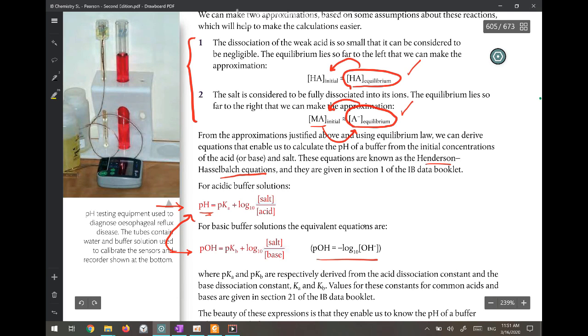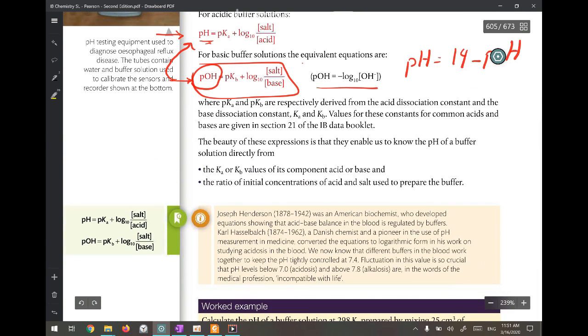So instead of pH here you have pOH, instead of pKa here you have pKb, plus logarithm of salt over acid, here you have salt over base. But this formula gives you the pOH. If you want to find the pH of this buffer solution, this formula works: 14 minus pOH. Okay, so these two formulas are given here.